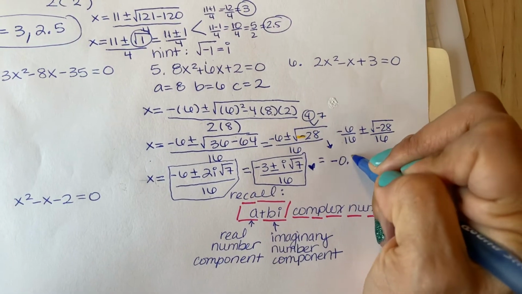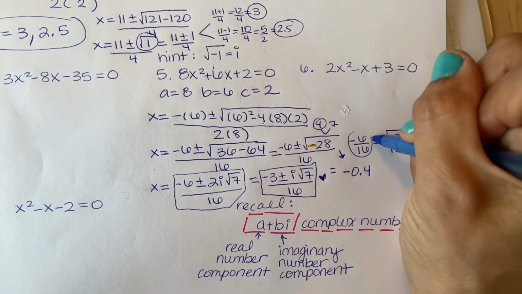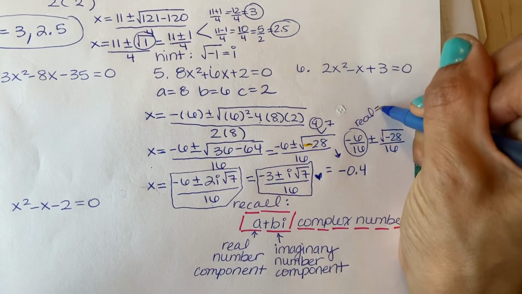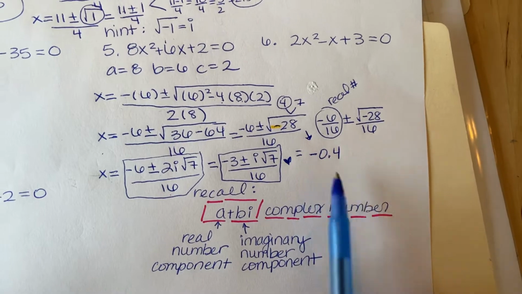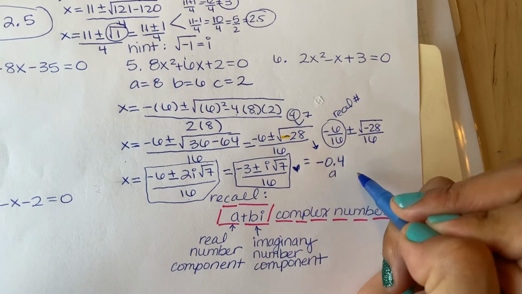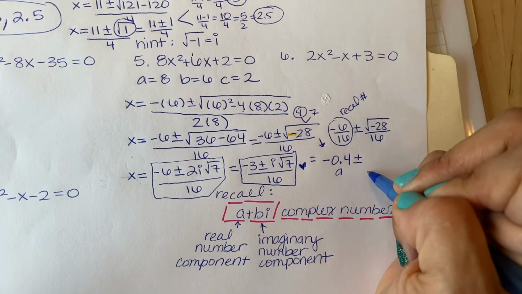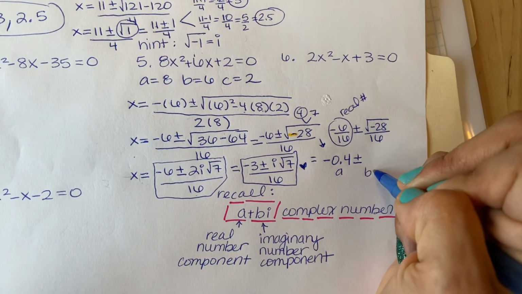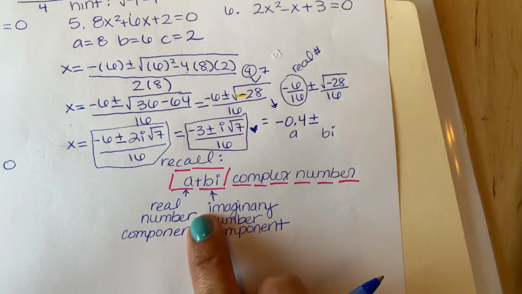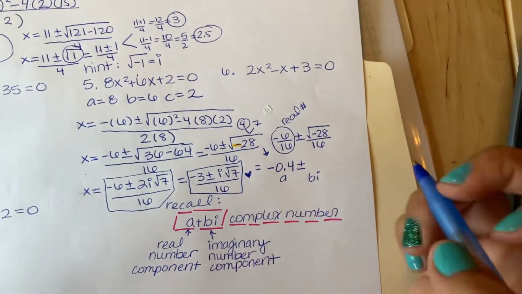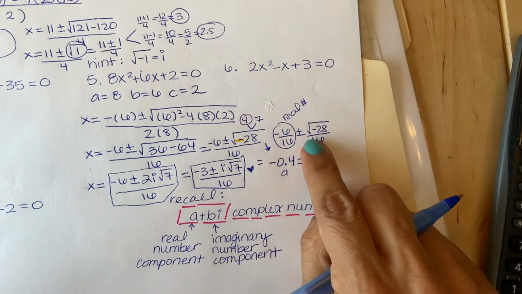Okay, negative 0.4. So this is my real number component, right? So that's my a. And now I got to get the bi. So it's going to be plus or minus, and then I have to put the bi, because that's a complex number. I already know this has an i. That's because of the negative.